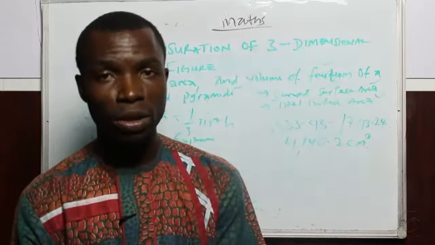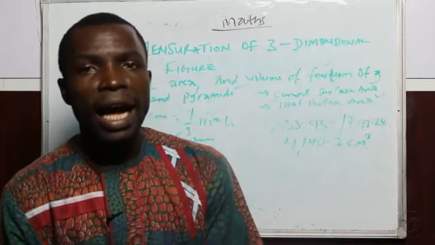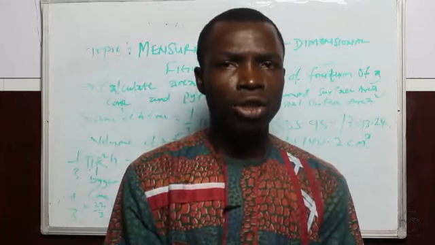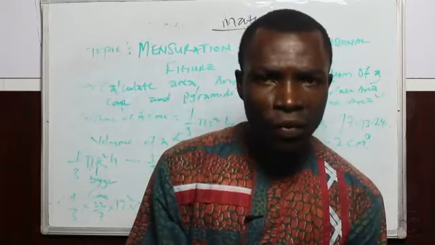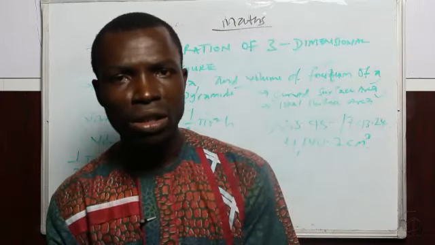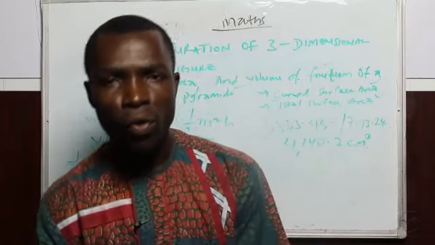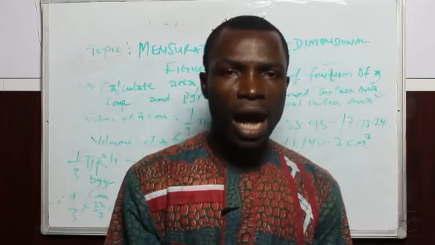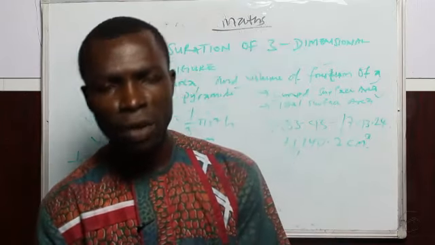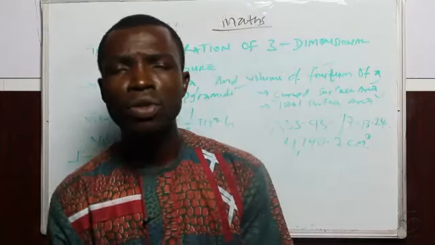I am confident that you understood the differences between curved surface area, total surface area, and volume of a frustum, and this cone, especially, which is a three-dimensional figure, has been unraveled.